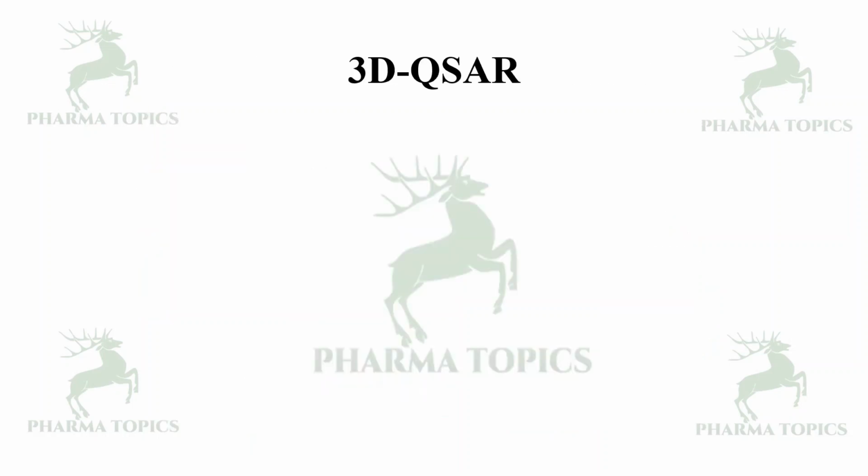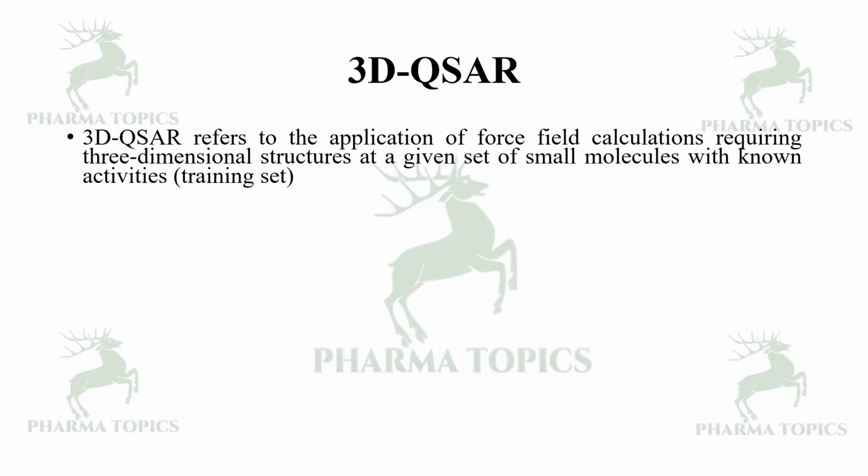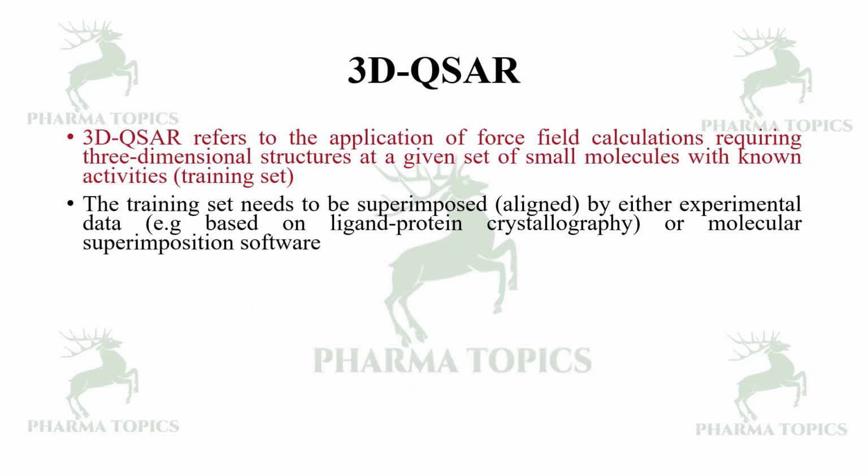Let us see the 3D QSAR. 3D QSAR refers to the application of force field calculations requiring three-dimensional structures of a given set of small molecules with known activities, that is the training set. The training set needs to be superimposed, that is aligned, by either experimental data, that is based on ligand protein crystallography, or molecular superimposition software.